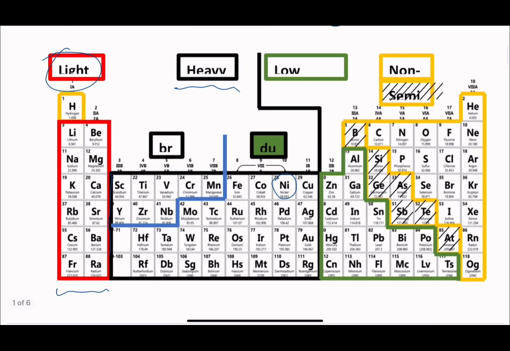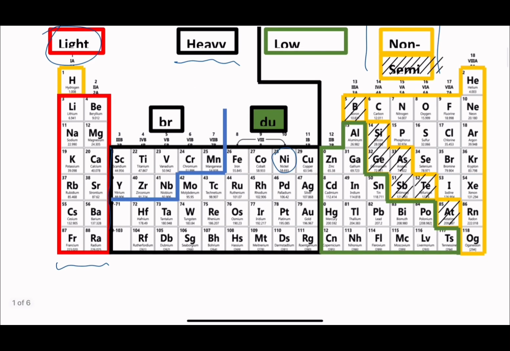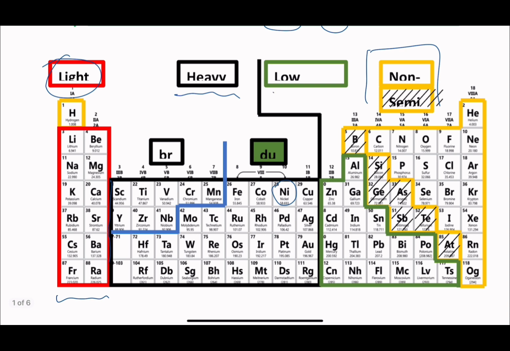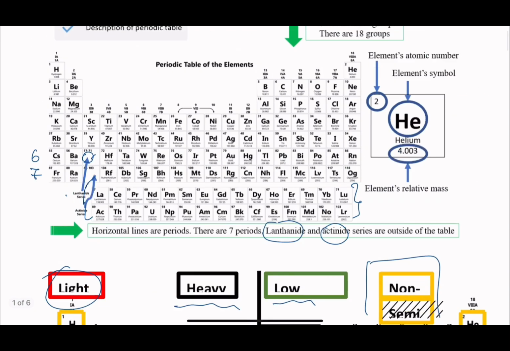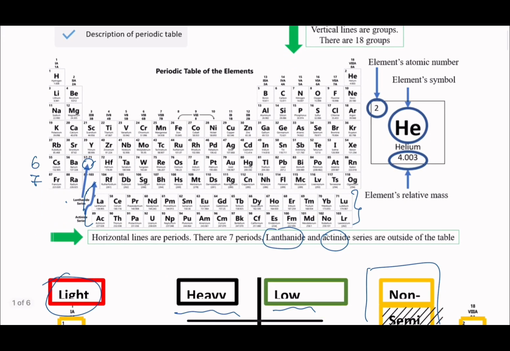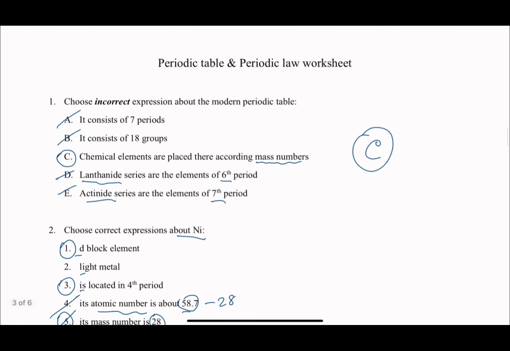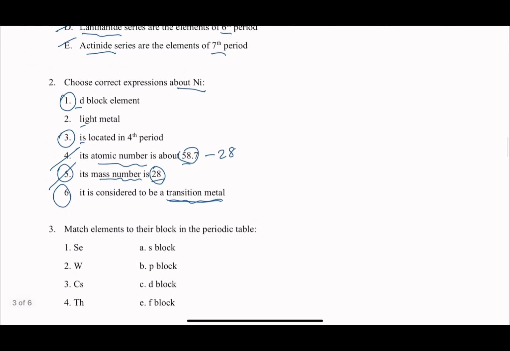You need to do your homework when you recognize which elements have a low melting point, are ductile, or brittle. You need to be able to recognize them, because we're gonna give you an empty periodic table like this, and then you're gonna find your own information from there. So now when we look back here, we know that it is not a light metal, so the answers are 1, 3, and 6.